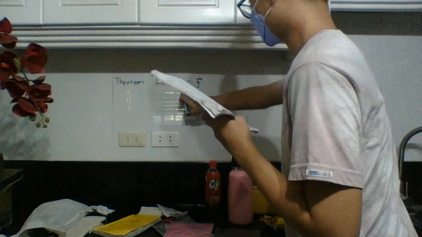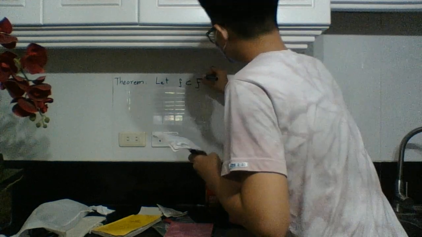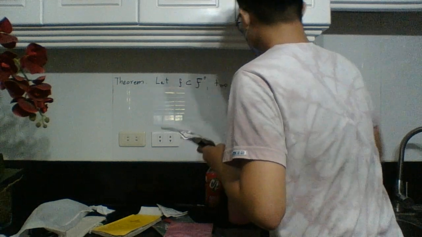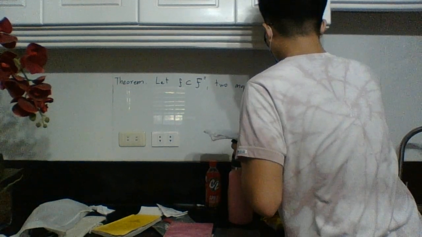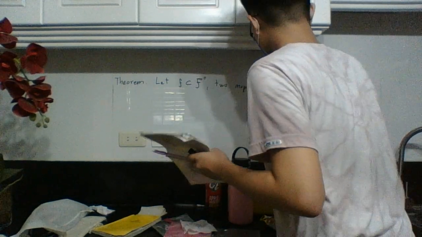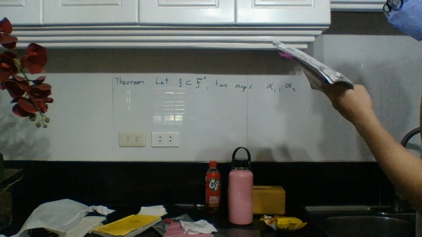Let F be a subset of the big space, math F. So it's a collection of elements from the space of all of them, right? Two maps, which I will call gamma 1, gamma 2. No, it's not called gamma, it's called alpha. Not indexed, so I don't need to use alpha to index it. So alpha 1, alpha 2.